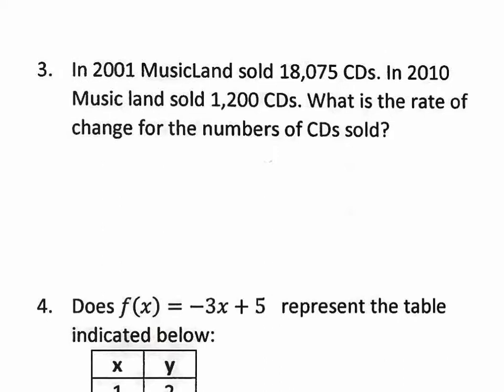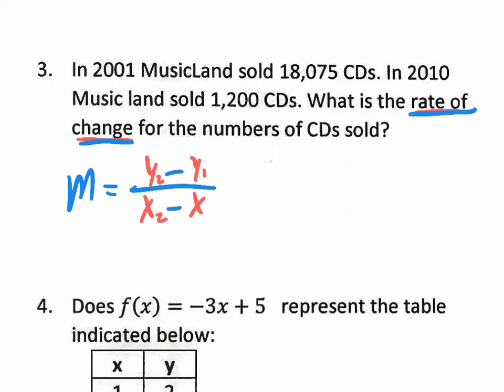So, what we need to know for this problem is this phrase, rate of change. And rate of change, I should probably underline it in blue, rate of change is slope. So for slope, we're going to use the slope formula: y2 minus y1 over x2 minus x1. The problem is we need some coordinates to be able to use the slope formula. So we actually do have some input and output values.